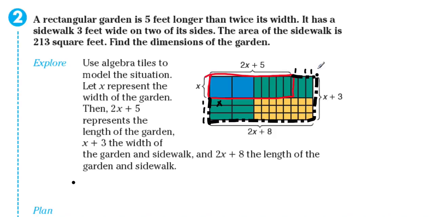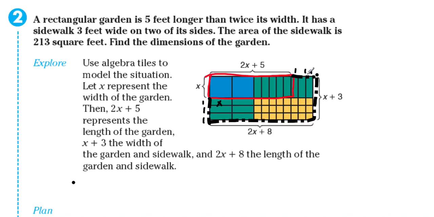So in our small rectangle, this is our rectangular garden. It has a length of 2x plus 5. It has a width of simply x. This now becomes our bigger rectangle right here. And if you notice, the length of our bigger rectangle is 2x plus 8. Why did it become 2x plus 8?